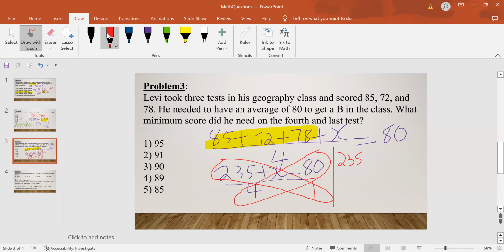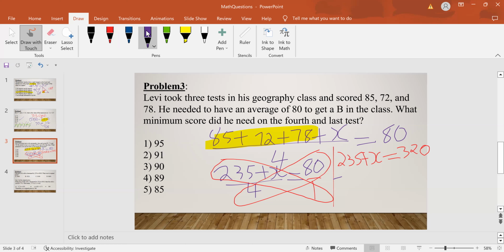So 235 plus x is equal to 4 multiplied by 80, which is 320. And from here, we can solve for x.